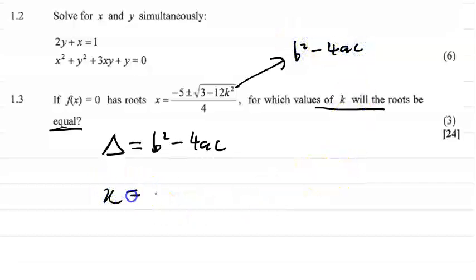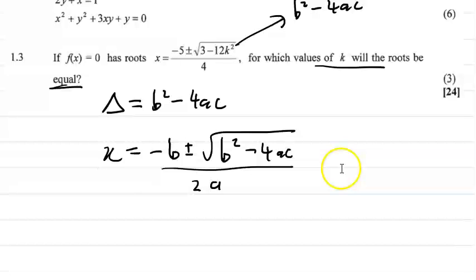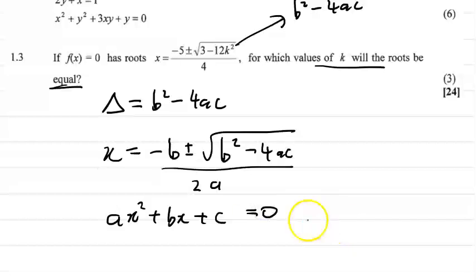The quadratic formula is x equals minus b plus minus the square root of b squared minus 4ac, all over 2a. The standard form of the quadratic equation is ax squared plus bx plus c equals 0. And if you complete the square of this quadratic equation, basically solving for x, you'll come up with the quadratic formula.